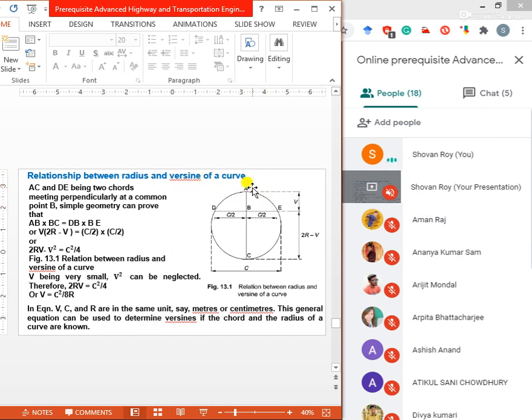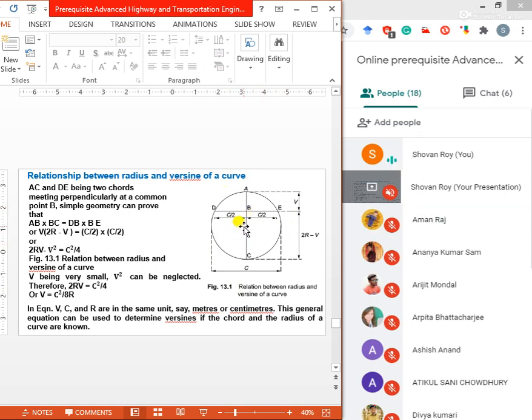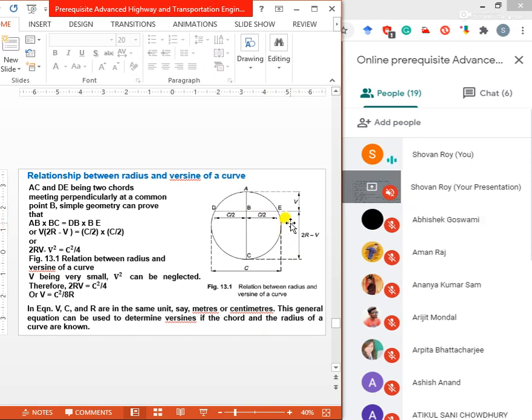Suppose AC and D are two chords of the circle, crossing each other perpendicularly, and the radius R of the circular curve is known, and also the chord length of the curve is known.